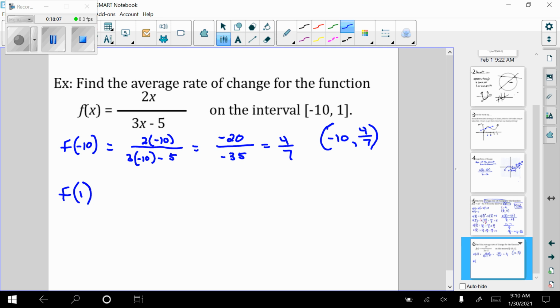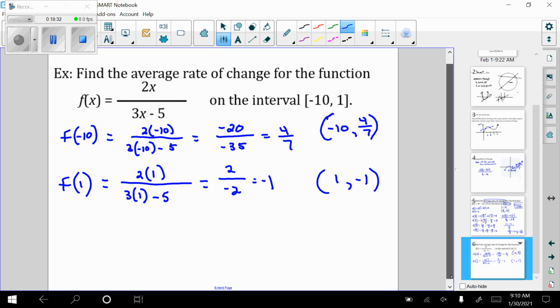So f of 1 is 2 times 1 over 3 times 1 minus 5, which is 2 over -2, which is -1. So now I have (1, -1).